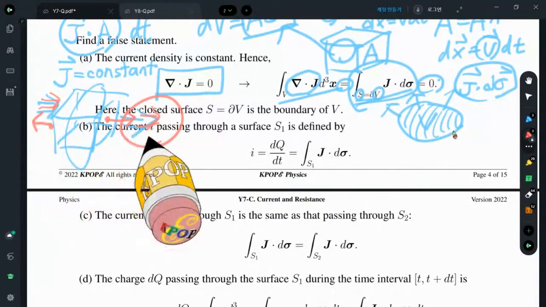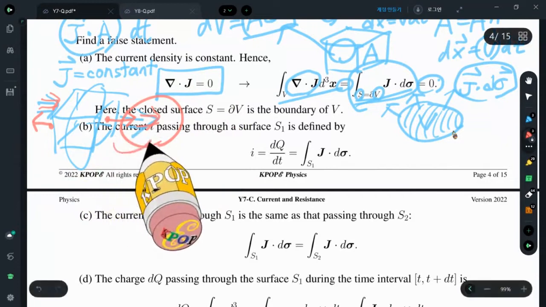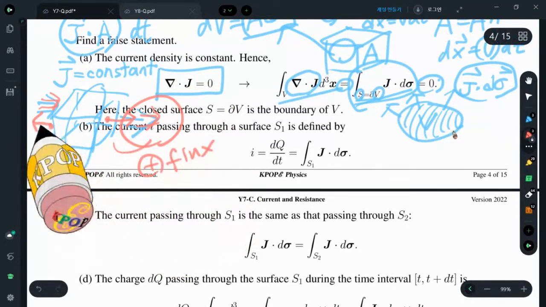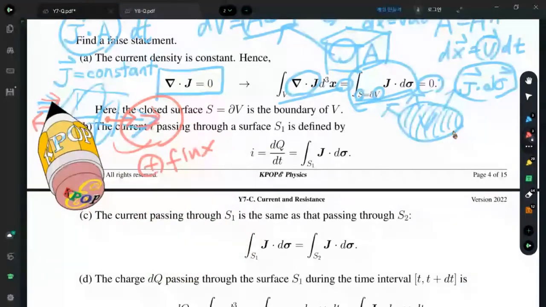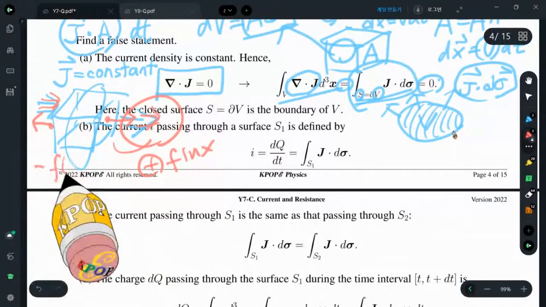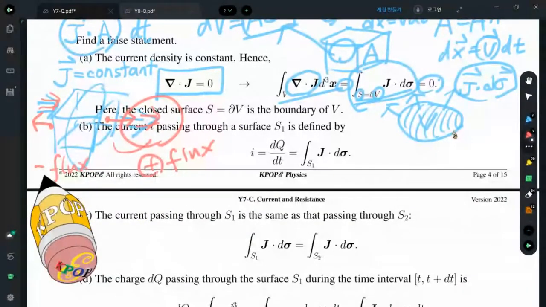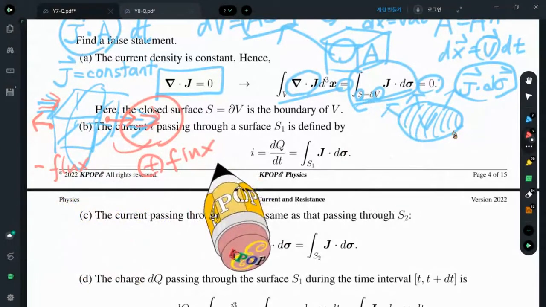But this flow, as far as the flux is concerned, it is a positive flux. And this is a negative. Cosine theta is -1, cosine theta equals +1. Negative flux. So sum of all fluxes passing through this closed surface is 0.